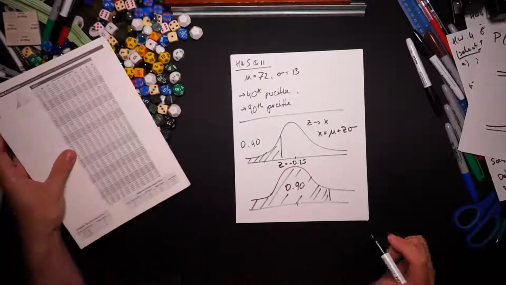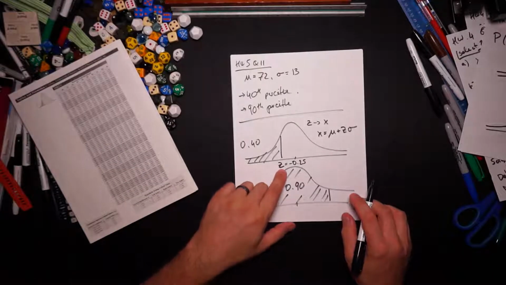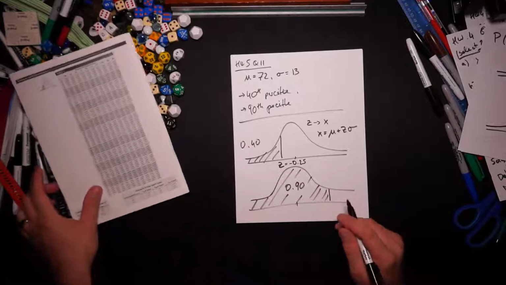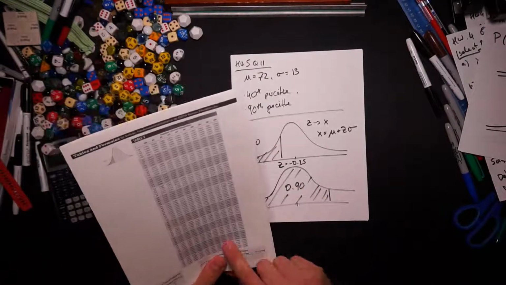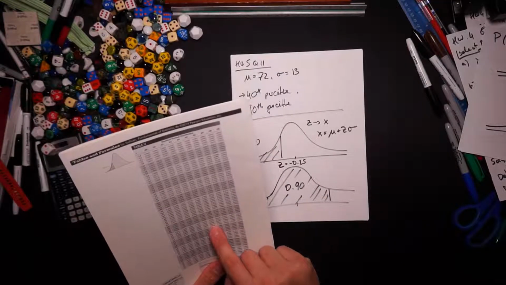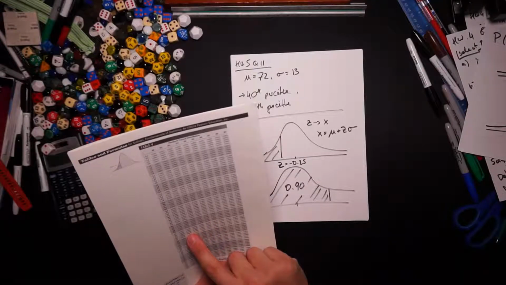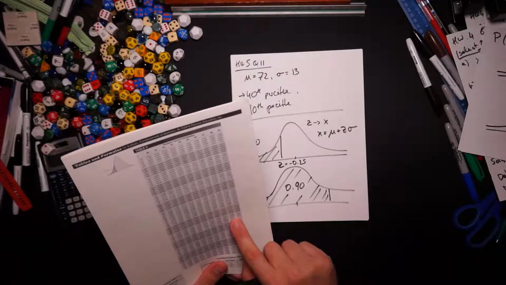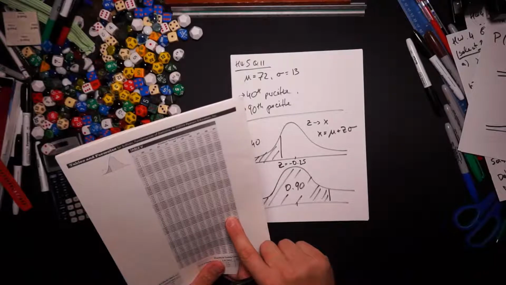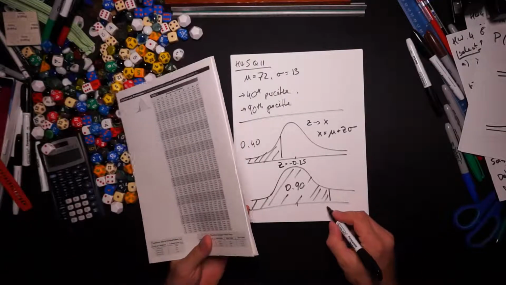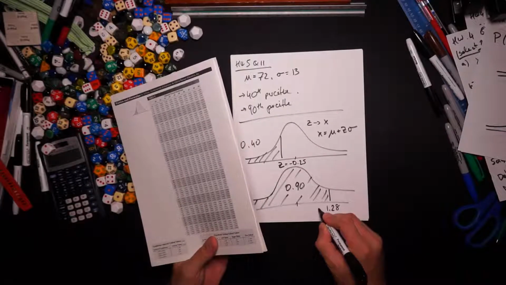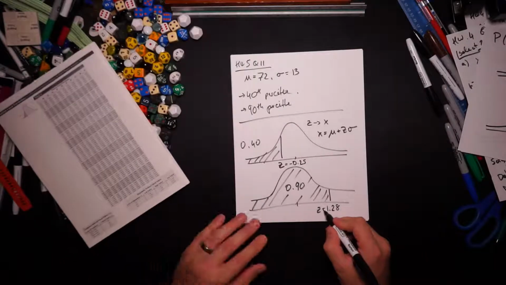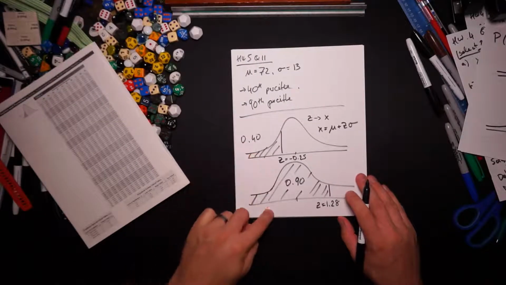And that's my z-score for the first one. Second one, 90. Well, let's see. I got it at 1.28. So that's how I found my two z-scores.